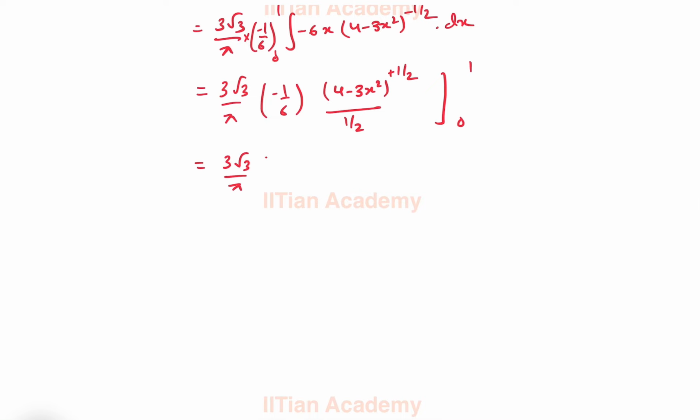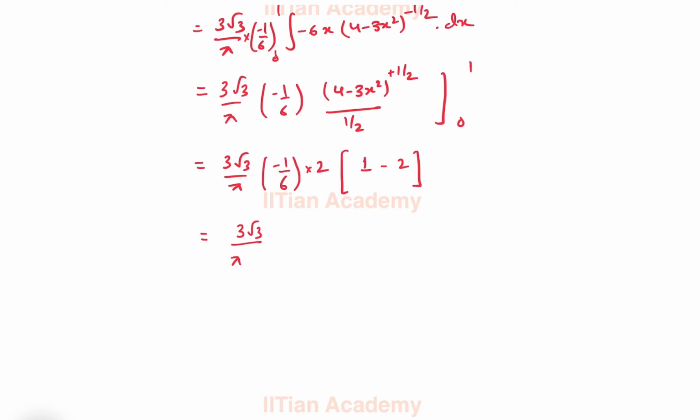So this will be 3 root 3 by pi into minus 1 by 6 into 2, and putting value 1, so 4 minus 3 is 1, and then putting x equals to 0, so we will get minus 2.